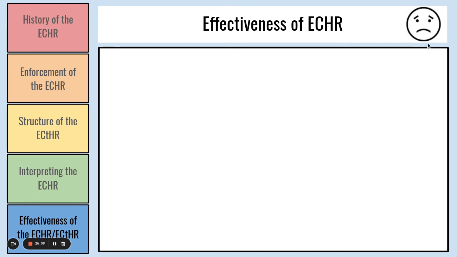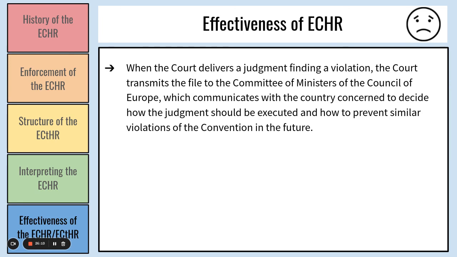We've got a sad face up here. There is one thing that's not so good about the European Court of Human Rights. Going back to what I said before, when the court delivers a judgment finding a violation, the chamber, for example, or the Grand Chamber will give a file to the Committee of Ministers.